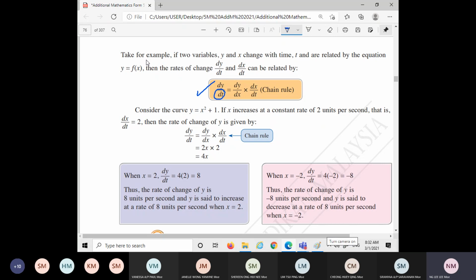You look at this. Two variables y and x change with the time and are related by the equation y equals f(x). Then the rates of change dy/dt and dx/dt can be related by this. How do you remember this chain rule? Actually, it's very simple.